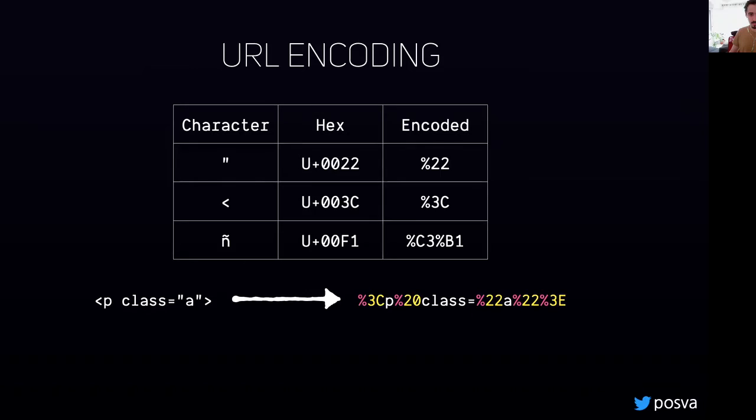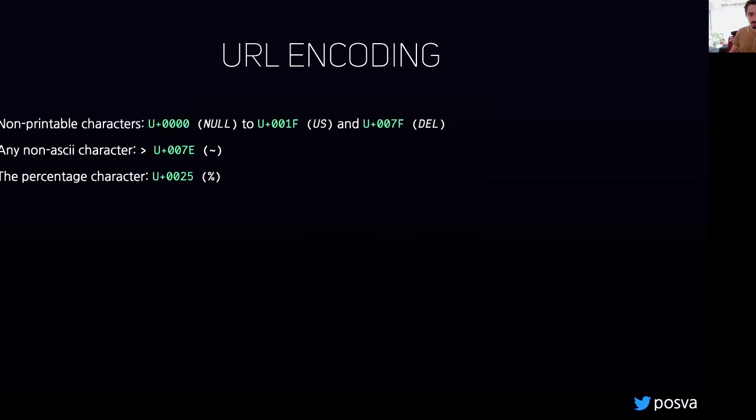The reality is that we don't have that many rules when it comes to URL encoding. If we check the spec, we're going to see rules that say anything that is non-printable has to be encoded. Anything that is non-ASCII, so beyond the tilde character, has to be encoded.